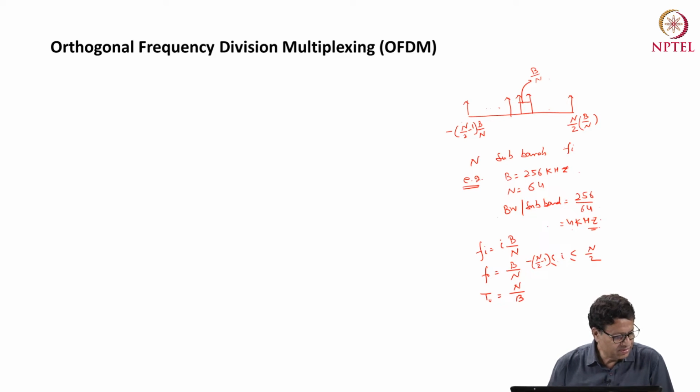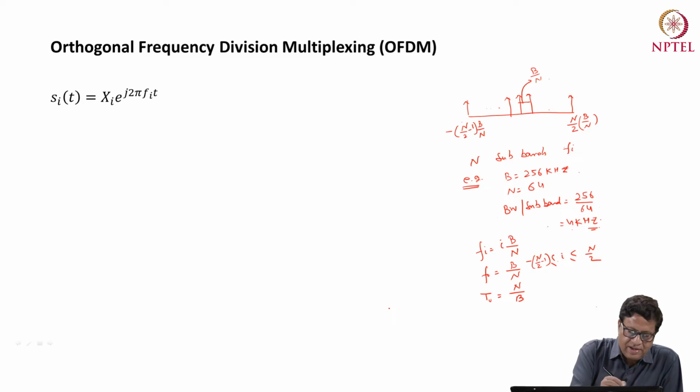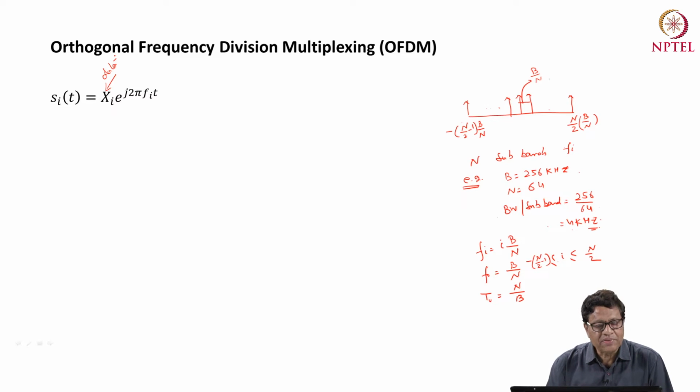So that is the limit of i. Now I transmit data, Xi is the data. Use Fi as the subcarrier frequency, and these are called subcarriers.